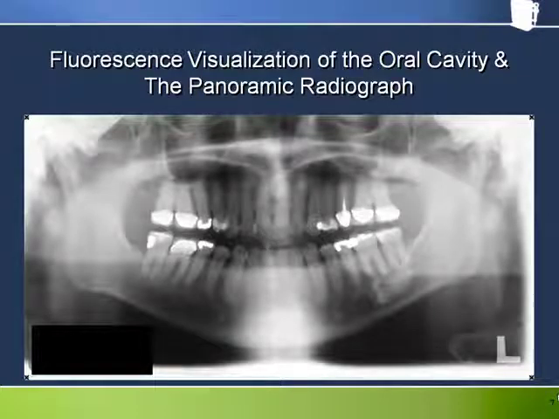This can be compared to the type of information that a clinician may discover when viewing a panoramic radiograph, which displays information or conditions that were previously undetected during the visual examination. Once an area of concern has been detected, the clinician focuses their attention on the area, looking for details of how it presents. This might be compared to how an additional periapical or bite wing radiograph might be utilized after an area is discovered on a panoramic radiographic image.